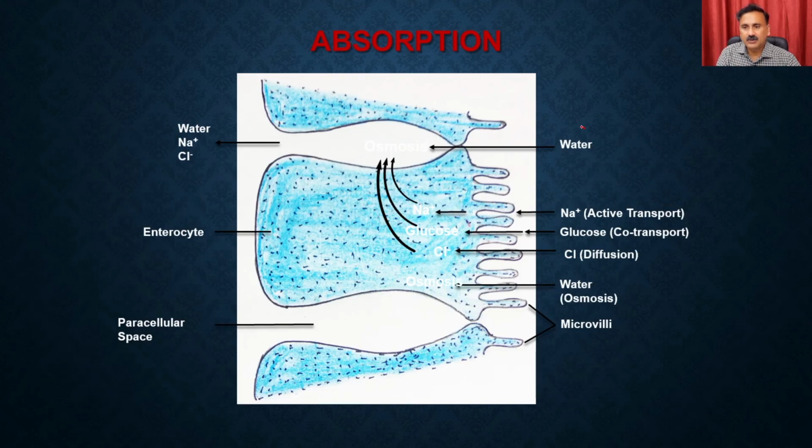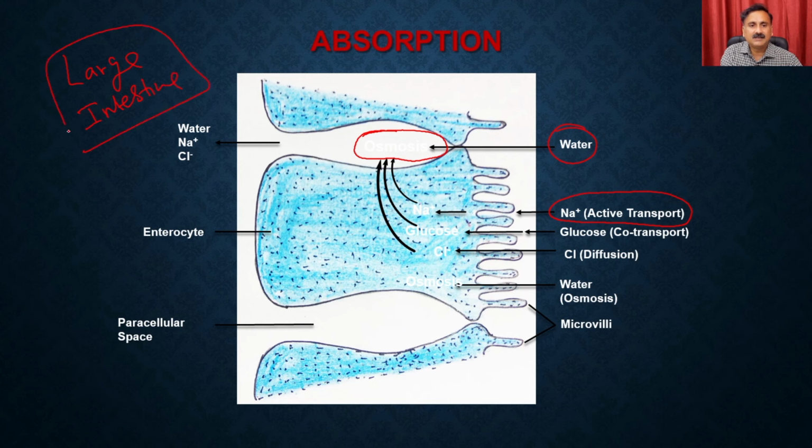So water is going to be absorbed by many mechanisms. One is that the water enters or crosses through by a mechanism which is called osmosis. In the other case, the water can also be absorbed by the active transport of the sodium, right. Not only the water, the minerals are also going to be taken up by the large intestine. So all this water absorption is going to take place in the large intestine.